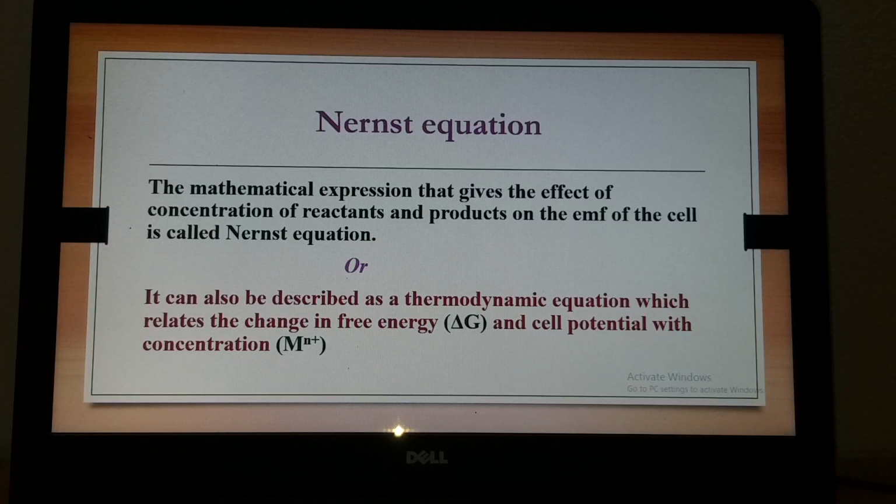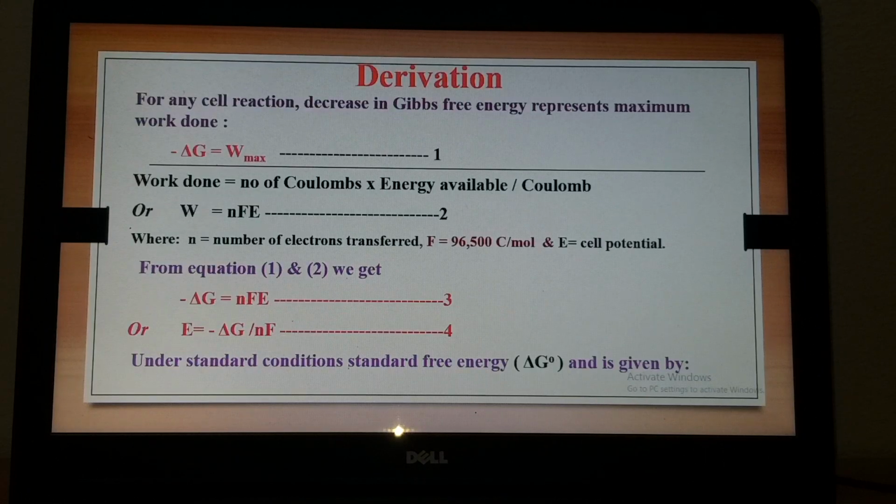We can explain it as the mathematical expression that gives the effect of concentration of reactants and products on the EMF of the cell. We can also explain the Nernst equation as a thermodynamic equation where the change in the free energy and cell potential are related to the concentration of metal ions.